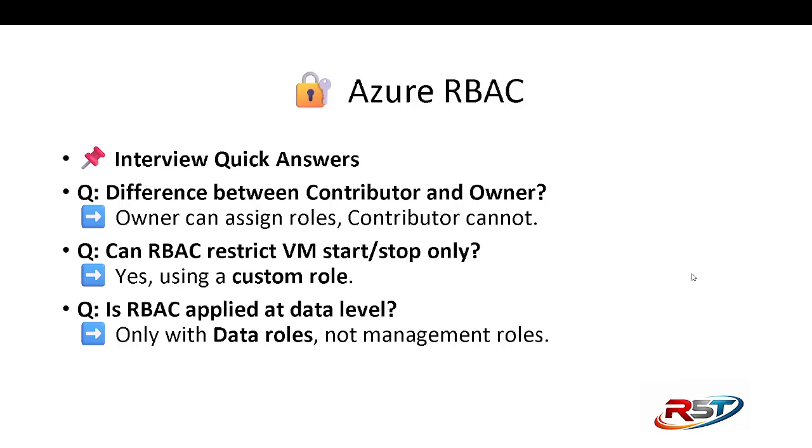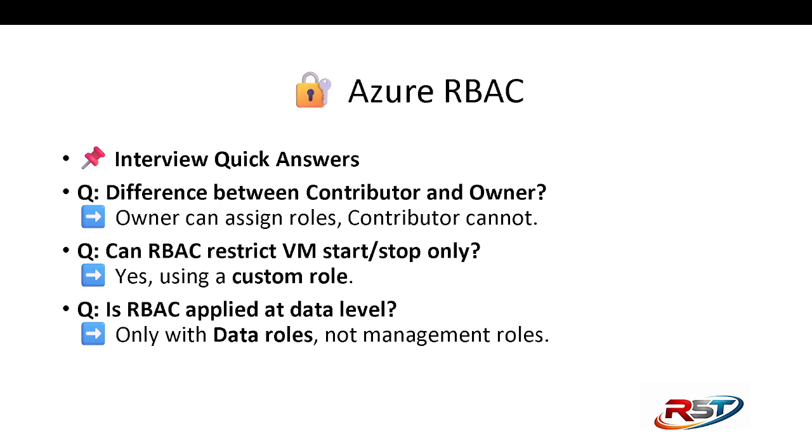Interview quick answers. When you go for an RBAC interview, they may ask the difference between contributor and owner. Simply say: owner can assign roles, contributor cannot. Can RBAC restrict VM start and stop only? Yes, using a custom role.